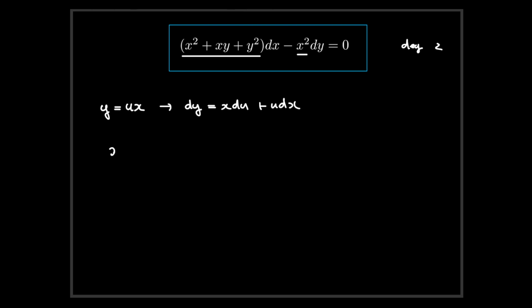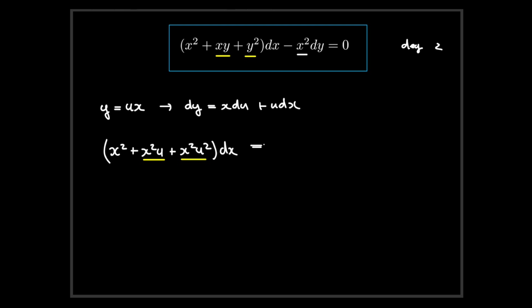So we're going to get x squared plus x squared u plus x squared u squared, because the xy became this term, and the y squared became this term. So that deals with everything in front of the dx.